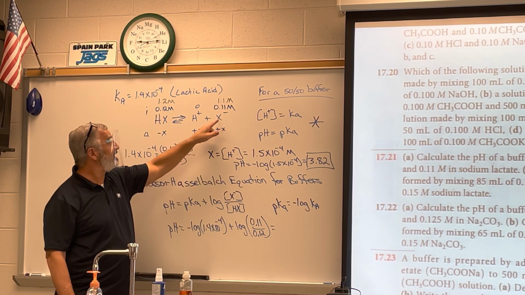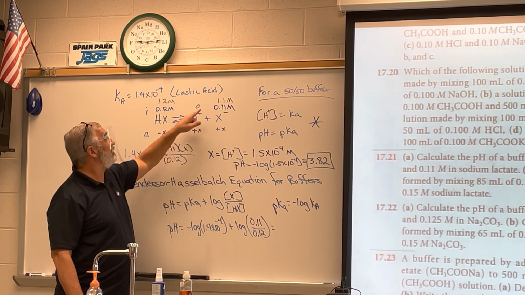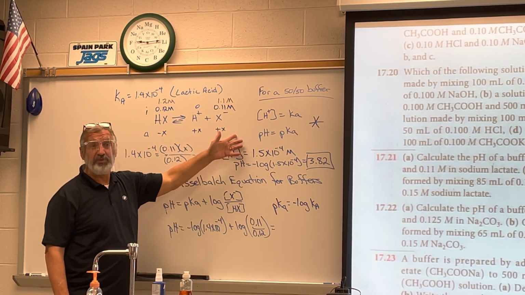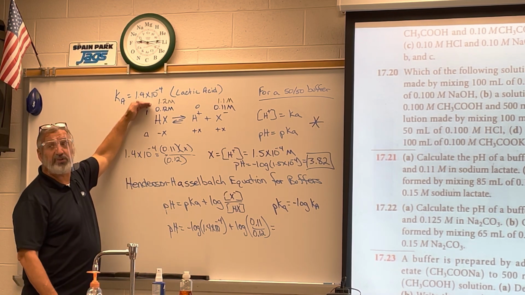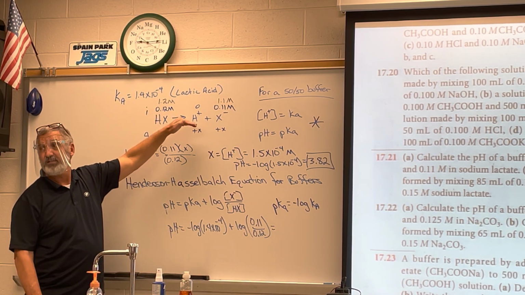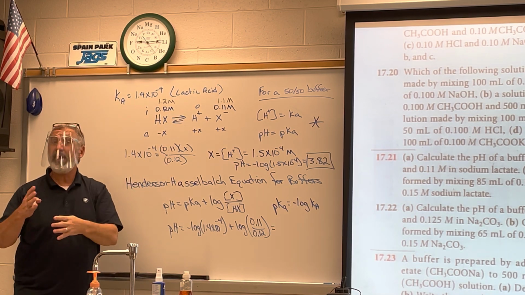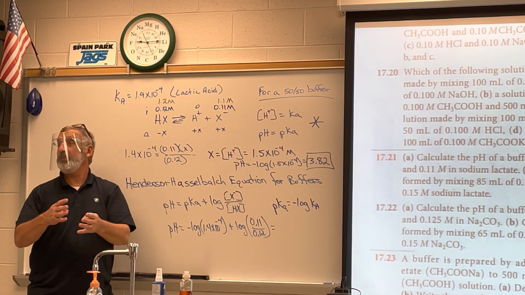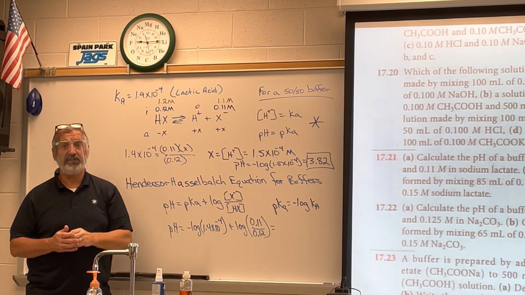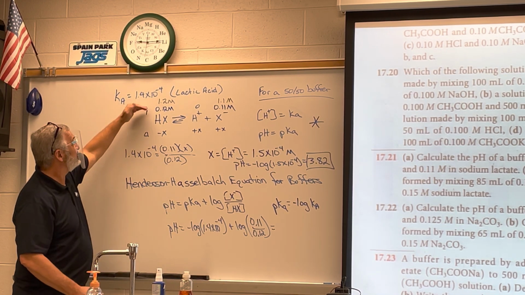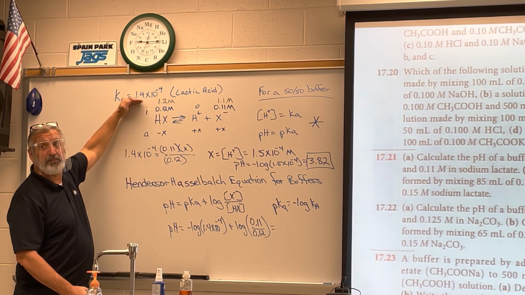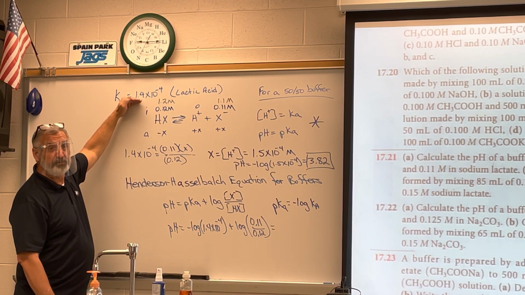Okay? Because we have to have some of that salt. So even though the pH would be the same, the buffer capacity is going to be greater because we have greater concentrations of both the acid and the base. So it can handle more acid or base being added without the pH changing significantly. Okay? So buffer capacity is how much acid, how much base the buffer can handle.